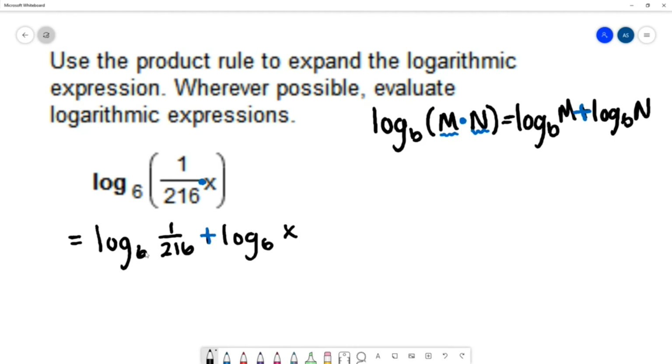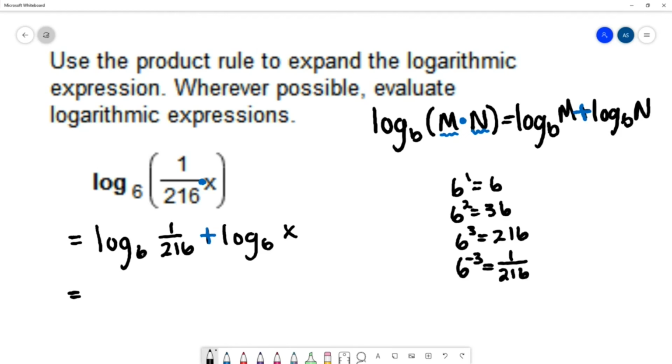I'm looking at the base, and I have a base of 6, so I'll look at powers of 6. 6 to the first power is 6. 6 to the second power is 36. And 6 to the third power is 216. Now I have 1 over 216. Having a fraction like that is the reciprocal. So 6 to the negative 3 is 1 over 216.